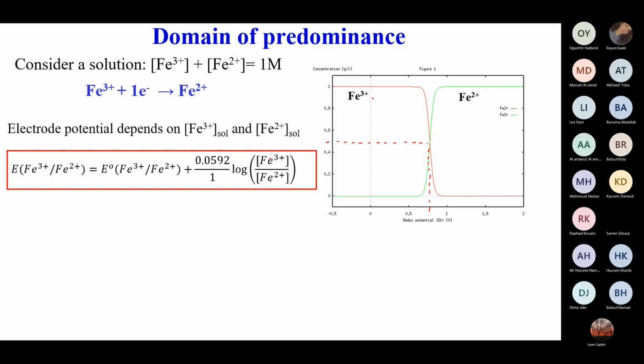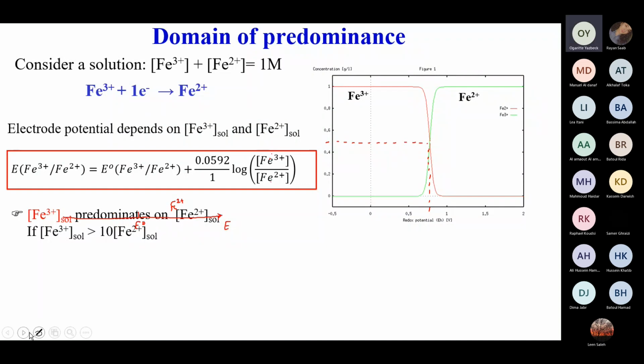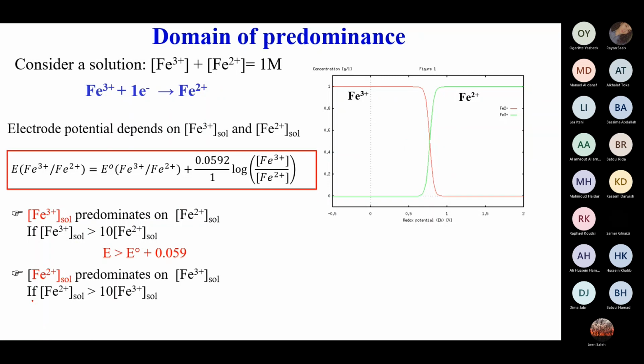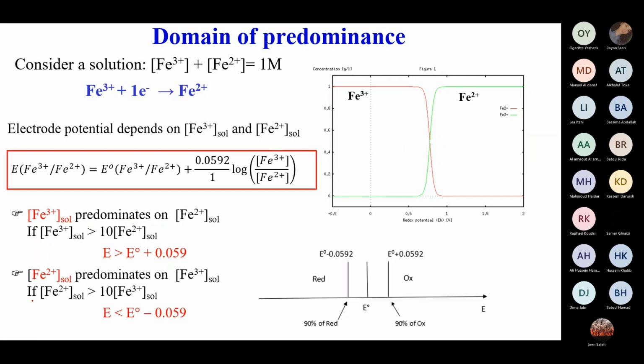In this area before the E naught, as I drew in the diagram before, with E naught and then E, as the potential is increasing, we're getting more and more of the reduced form.